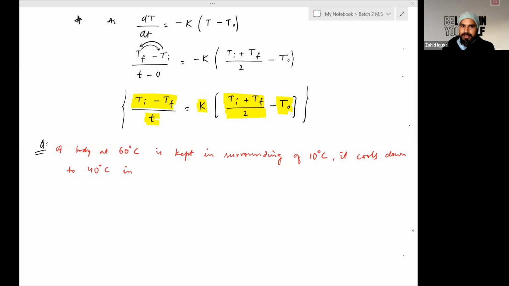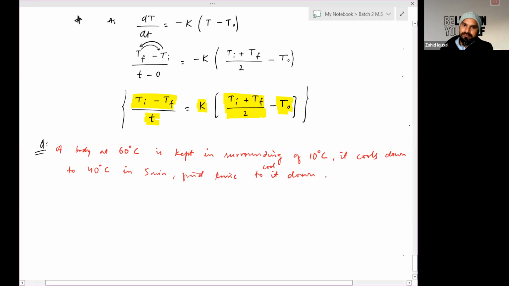So a body at 60 degrees Celsius is kept in a surrounding of 10 degrees Celsius. It cools down to 40 degrees Celsius in 5 minutes. Find the time to cool it down further to 20 degrees Celsius.